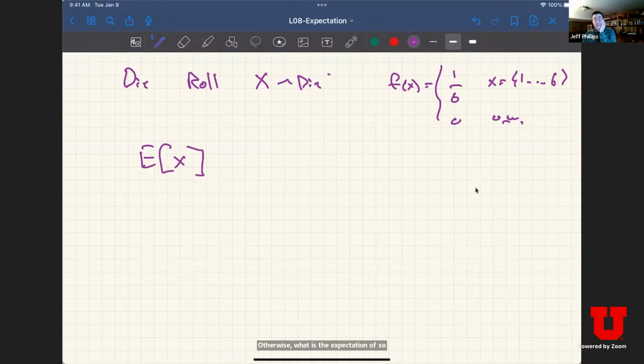I would like each of you to work this out. I'm going to give you roughly a minute to work it out, and then I'll tell you to all put the answer in the chat. Write the expectation of the value you get from a die. If the question is not clear, feel free to ask, but otherwise, in a minute, I'll ask you to all put it in the chat at the same time. So hold off on doing that for now.